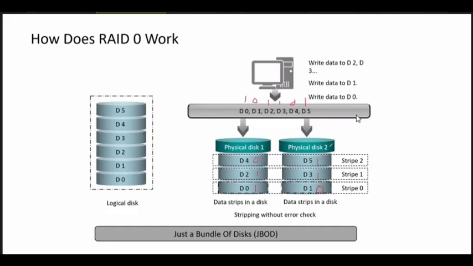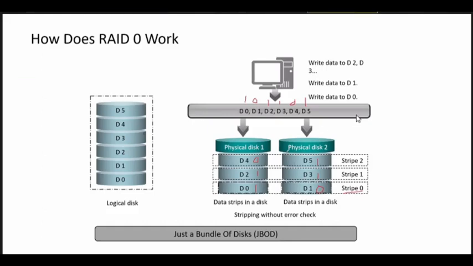When the application is looking for its data, it just has to know which stripe it is. If you know which stripe, then you know which sector it's located in. It's located in sector whatever in D0, located in sector whatever in physical disk 2. Make sense? Okay. May I make some notes on this slide?